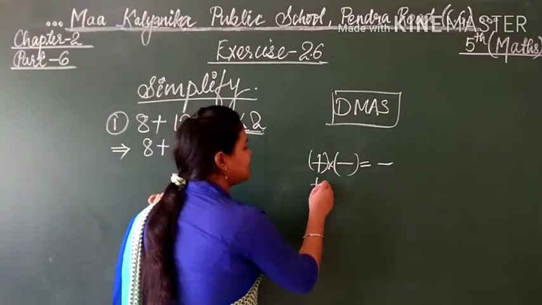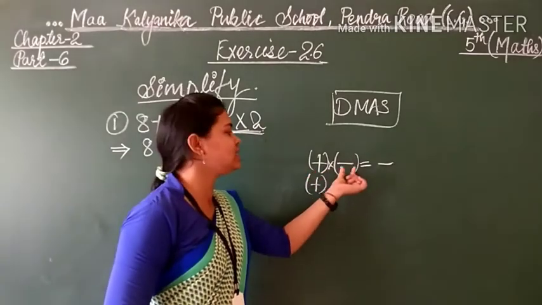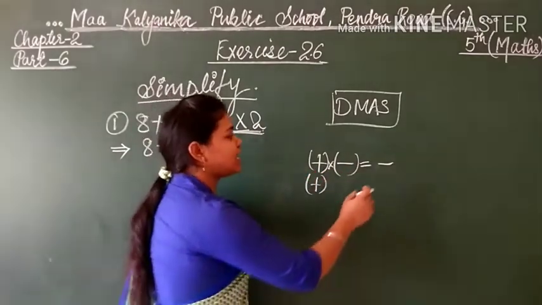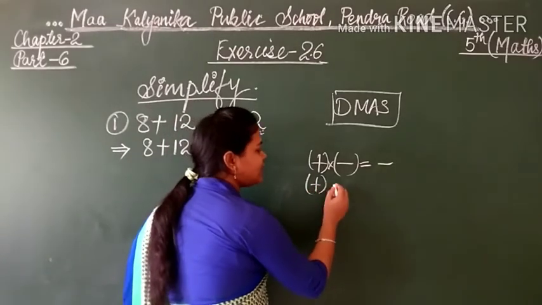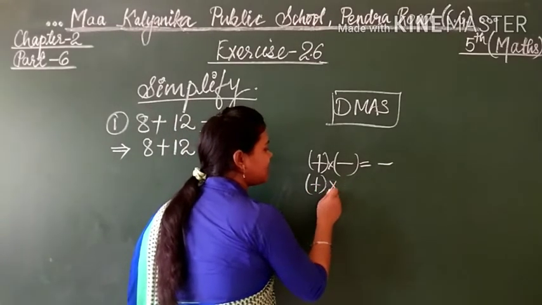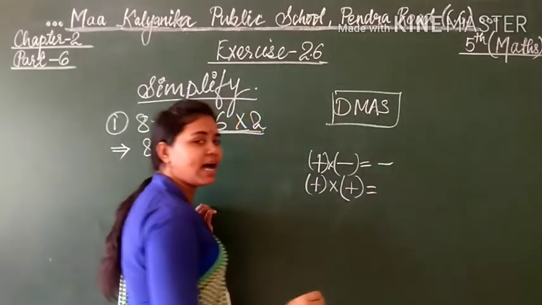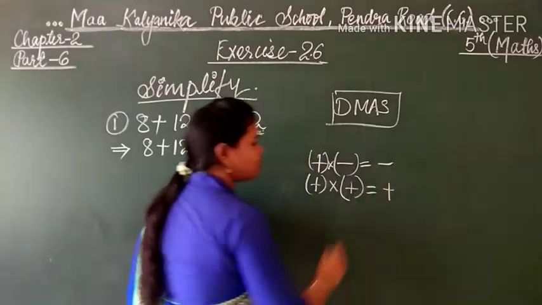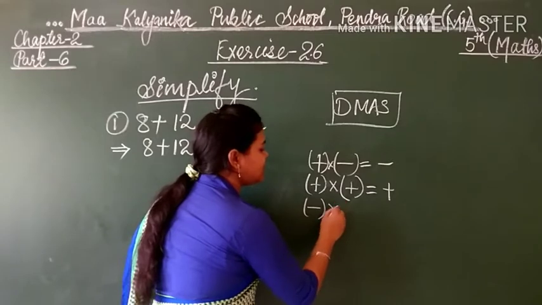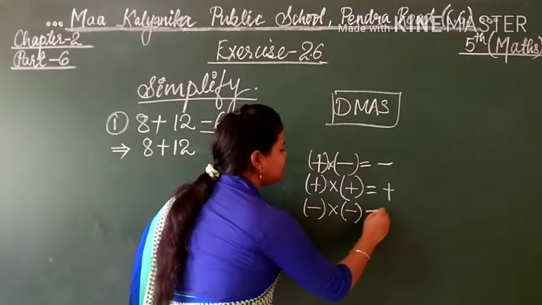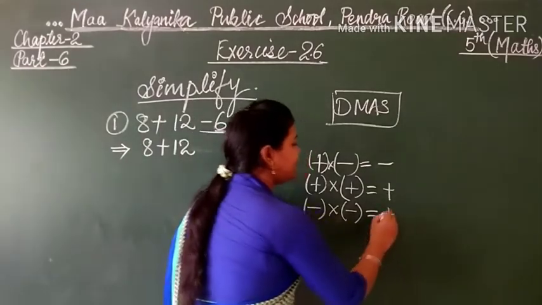The number having the plus sign and the number having the minus sign, the answer will have the minus sign. Now if plus is multiplied by plus, the answer will be plus only. If a minus number is multiplied by another minus number, minus and minus will become plus.